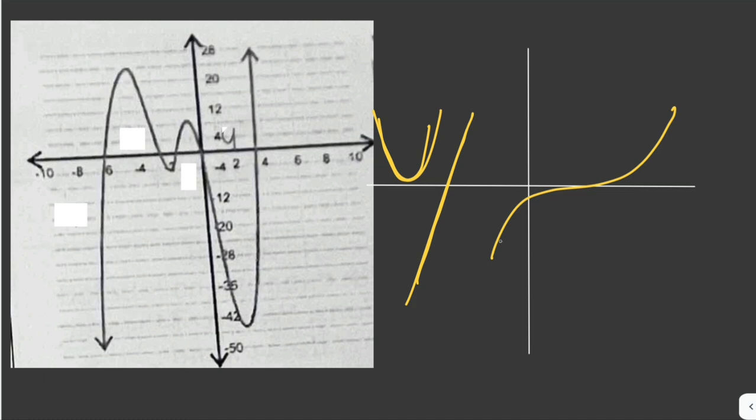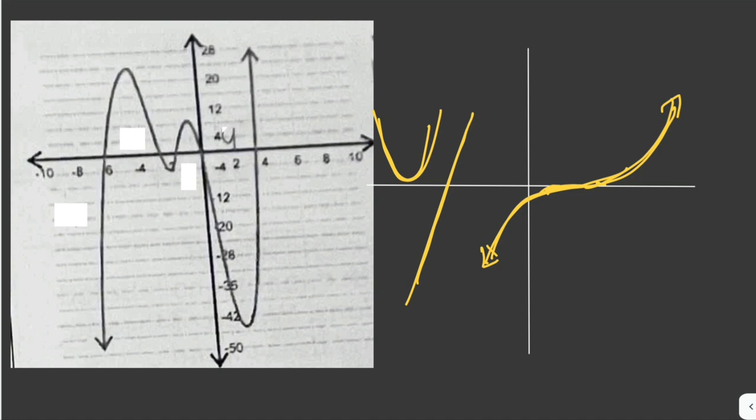And then we have this one, the zero with multiplicity 3. So it doesn't directly cross the x-axis, it flattens here a bit. So you have to take note that the graph of a polynomial function will touch the x-axis at zeros with even multiplicities, and the graph will cross the x-axis at zeros with odd multiplicities. And the higher the multiplicity, the flatter the curve is at the zero. And the sum of the multiplicities would determine the degree of the polynomial function.